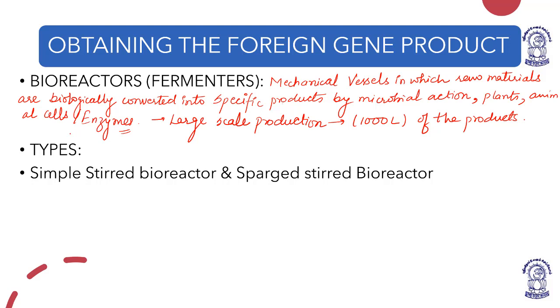Okay, bioreactors are of two types: simple stirred bioreactor and sparge stirred bioreactor. They basically differ in the type of blades which are arranged.